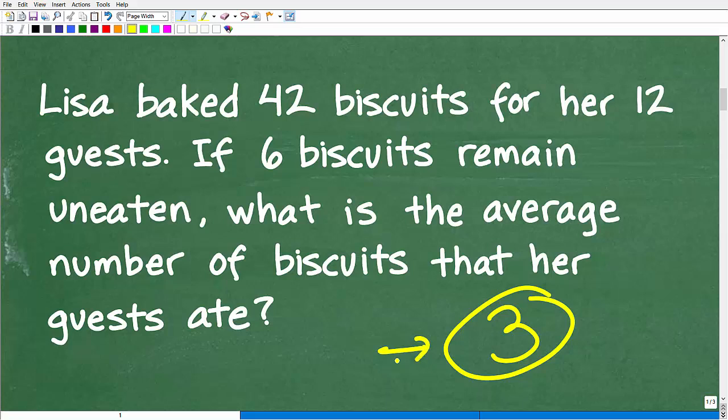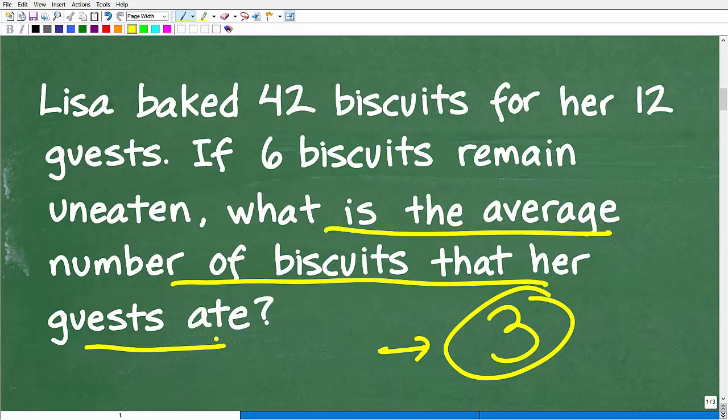In other words, read the problem at least 3 times before you pick up your pencil and start to write stuff on your paper. That just gives your brain a chance to kick in, and you really have to think about the problem, get the information absorbed in your brain, and make sure you understand the question. And the question here is, Lisa cooked all these biscuits. Some of the biscuits were not eaten, so she has 12 guests, and the question is, what is the average number of biscuits that her guests ate?